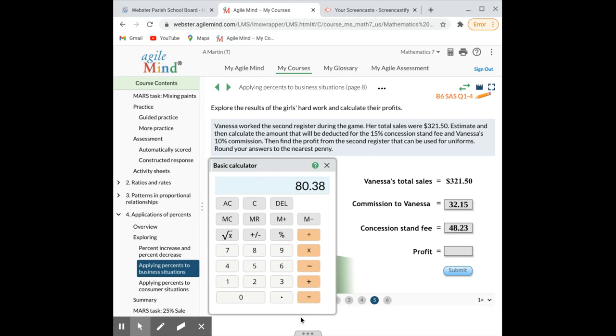And then you would subtract our total sales from the 80.38. Wait, say it backwards. We're going to do 321.50 minus our what? The $80.38. Does that make sense? Because we're taking the $80.38 from the total sales.